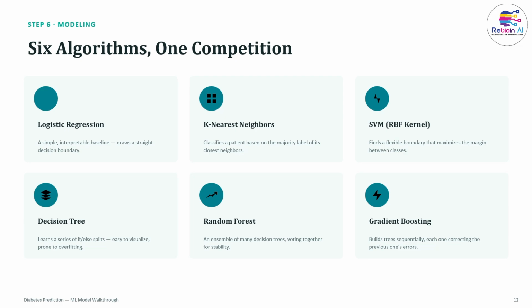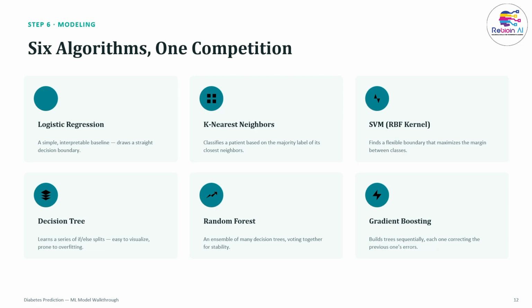Third, SVM, that is support vector machine. It finds a flexible boundary that maximizes the margin between classes. Fourth, decision tree. It learns a series of if-else splits, easy to visualize and prone to overfitting. Fifth, random forest.